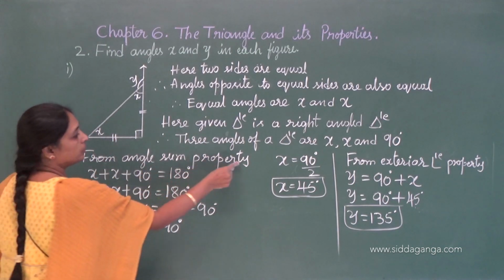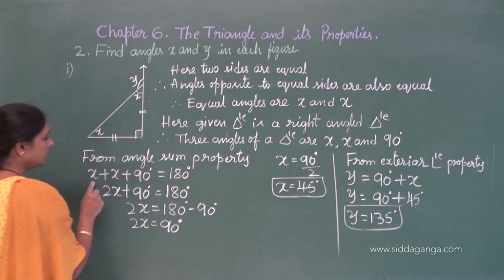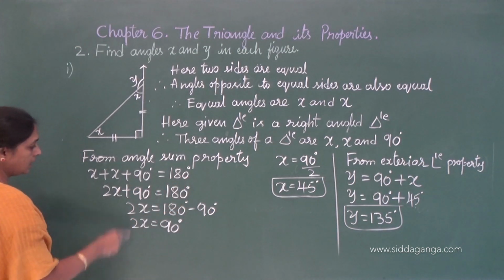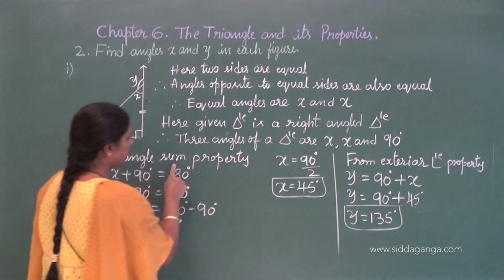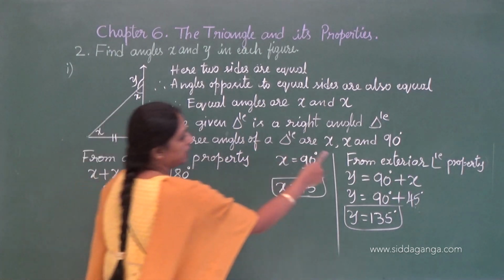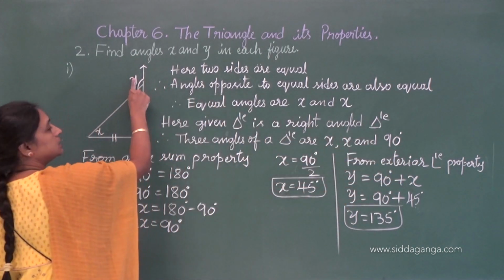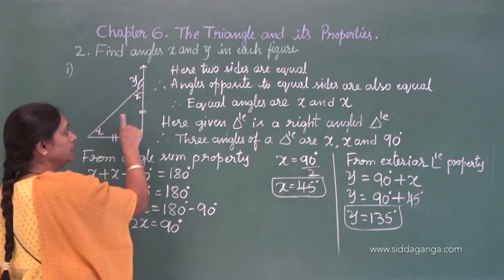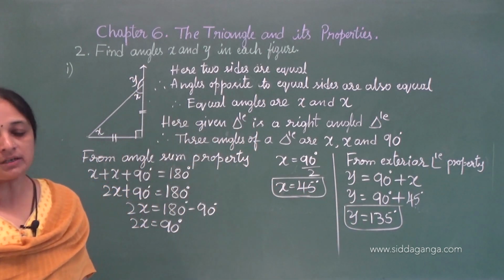From the angle sum property, x plus x plus 90 degree is equal to 180 degree, so we found the value of x as 45 degree by using this property. And by using the exterior angle property, y is an exterior angle for this triangle, and we found the value of y as 135 degree.